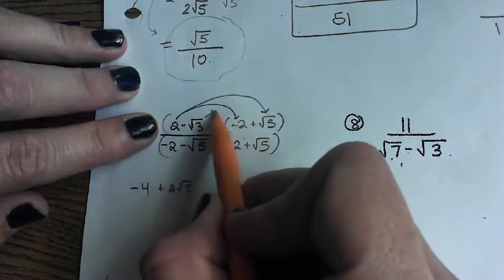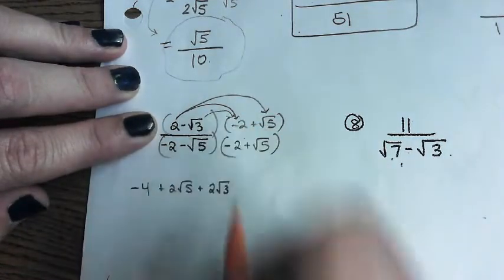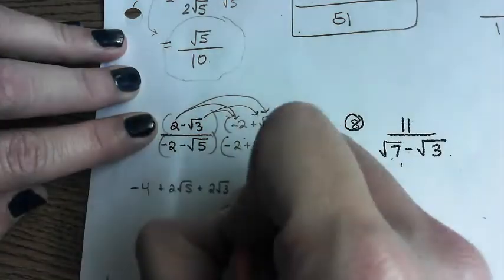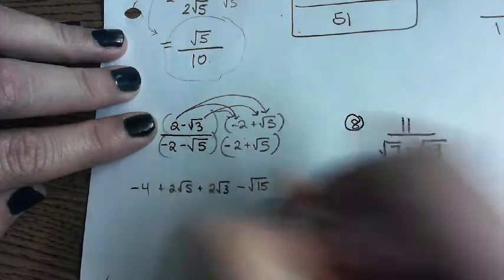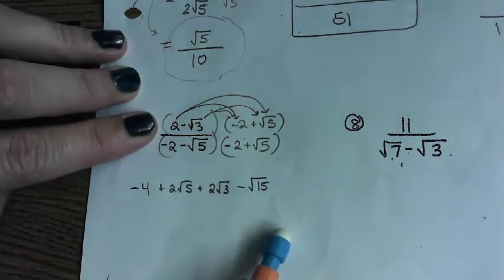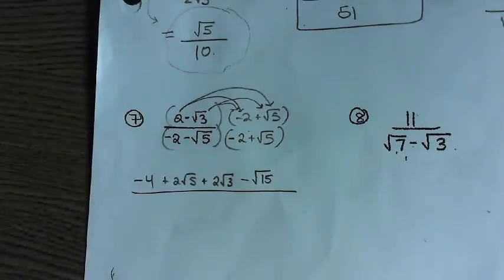Negative root 3 times negative 2 is positive 2 root 3. Negative root 3 times positive root 5 is negative root 15. Can I combine anything up there? Or simplify anything up there? No, so that's just going to be a really long numerator.